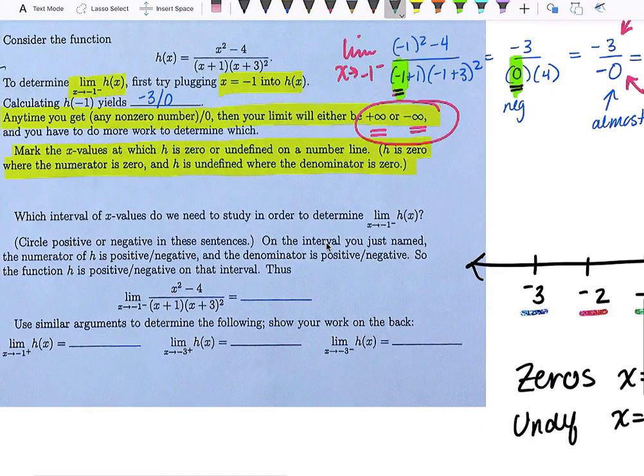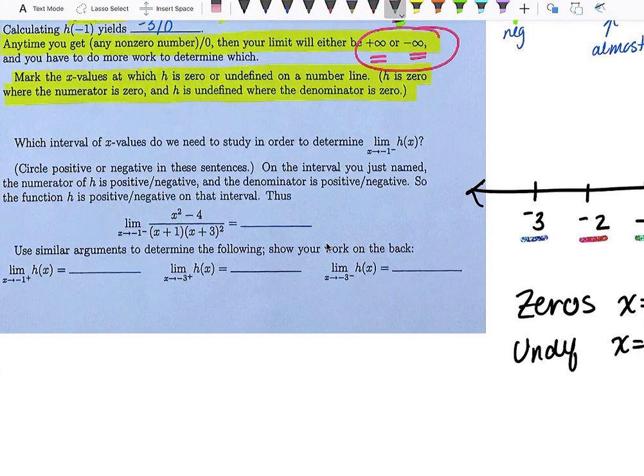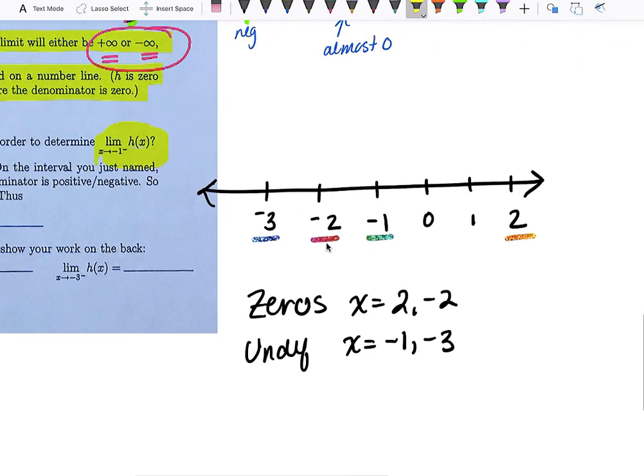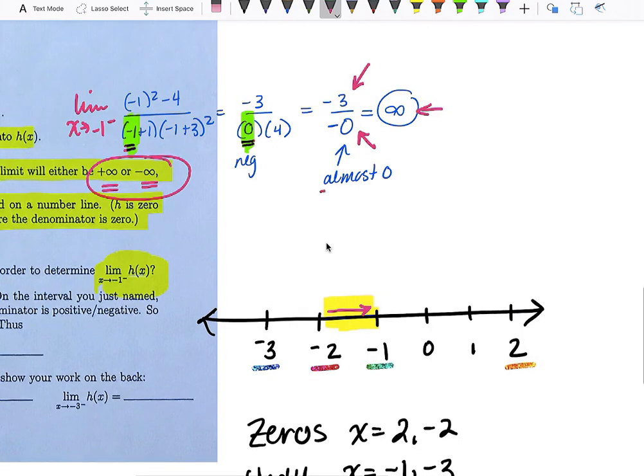Which interval of x values do we need to study in order to determine this limit, the limit of h of x as x approaches -1 from the left? We really only need to look at this interval because we're approaching -1 from the left, and that's what we did up here when we were looking at this almost 0, right? That almost 0 has to be negative because we're approaching -1 from the left.